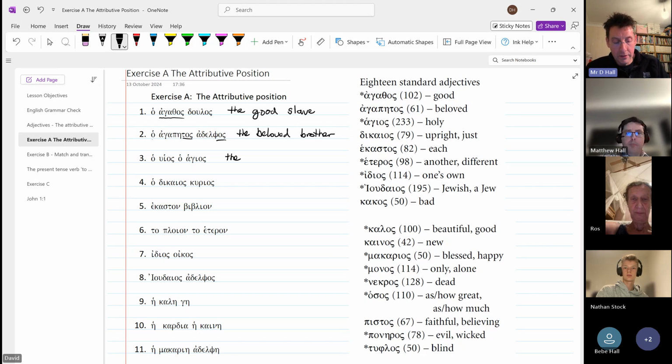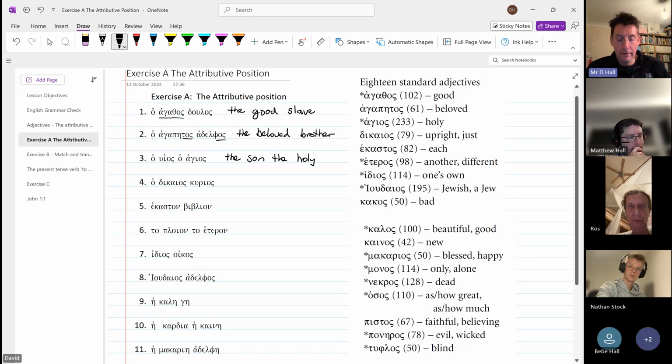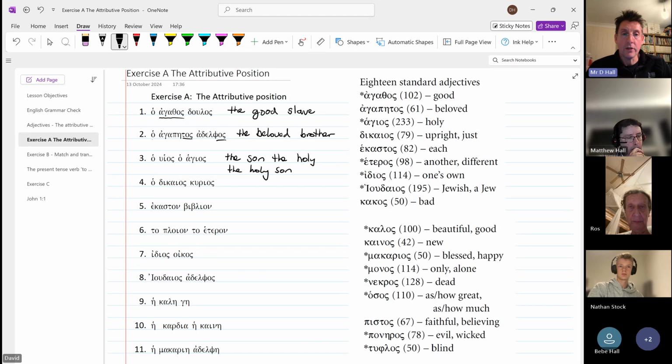If it's easier, write down each translated word, and then you can maneuver it around. So we've got the son, and we want to go to hagios. So we've got holy, the holy. So we're not going to write it like that, are we? We're going to say the Holy Son. And that's how we would translate it and write it in good English.